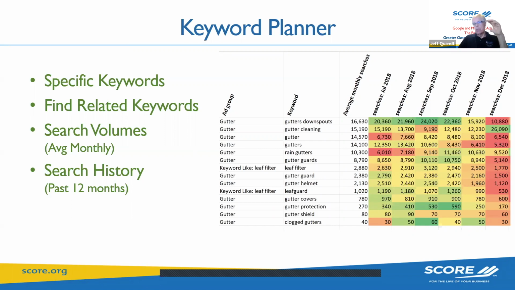In other words, you put in the keywords which you think are important to your business and say, hey, find the related keywords, which are basically the searches that people are actually doing, so that you can understand, well, maybe there are some other keywords out there that I don't know about, that people are searching on, that I should probably be using.